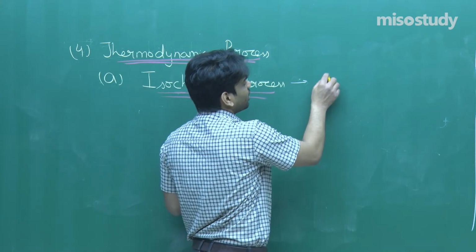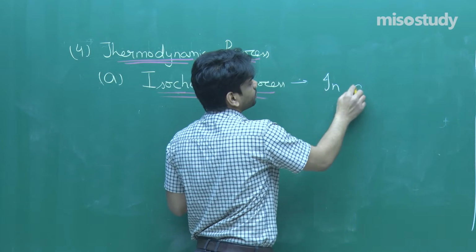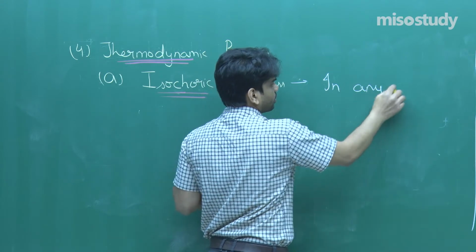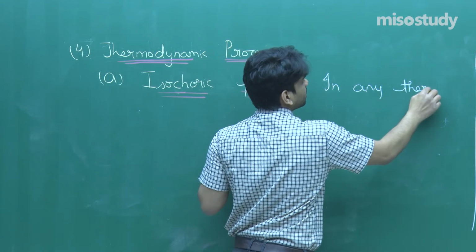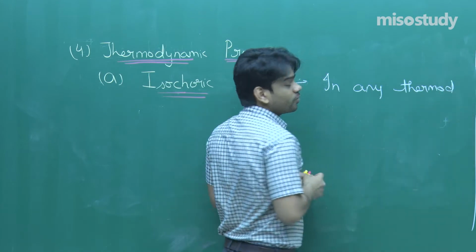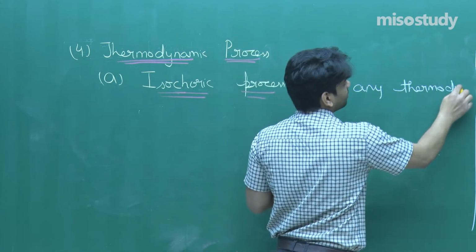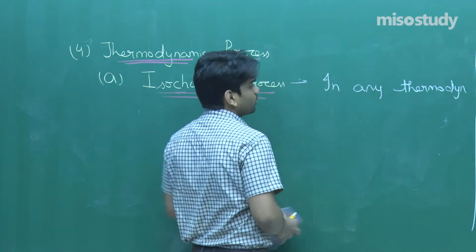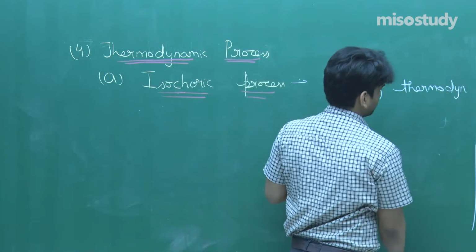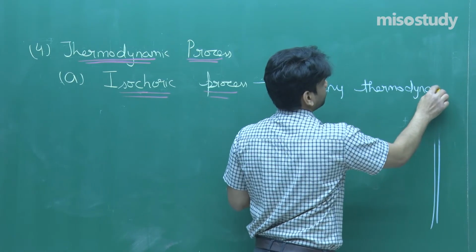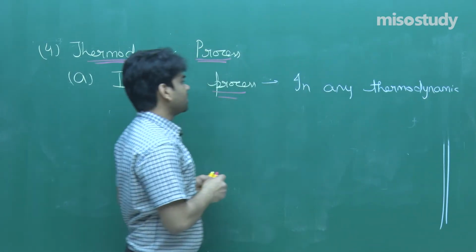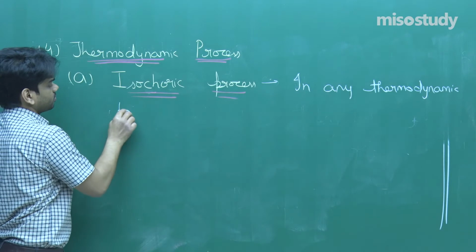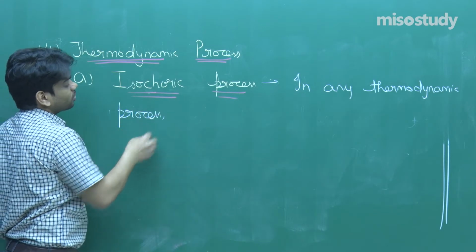In any thermodynamic process, if volume is kept constant and the rest of the thermodynamic variables are varied, such a process is termed an isochoric process.